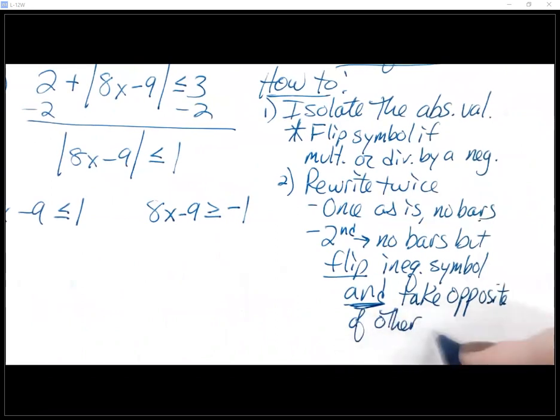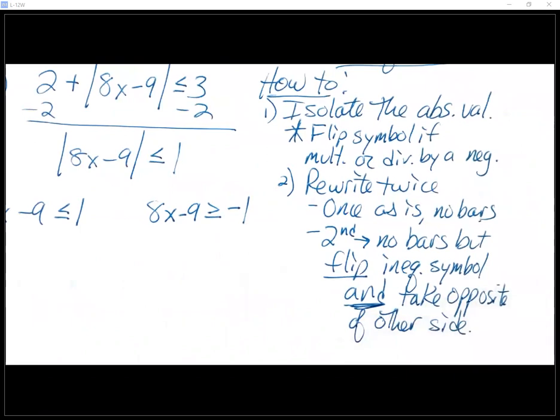Take the opposite of the other side. I'll give you a moment to get that down. But that's super important. Extra highlight.